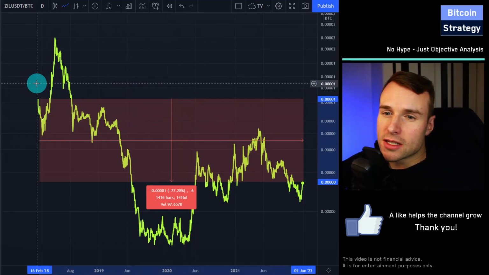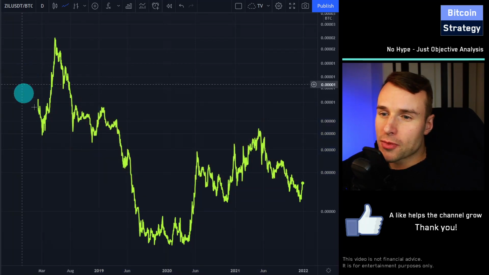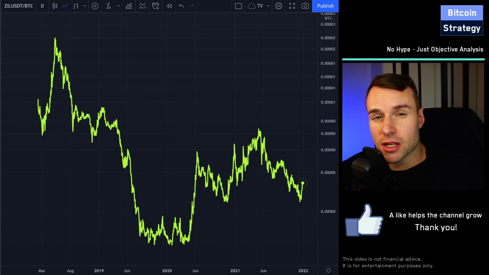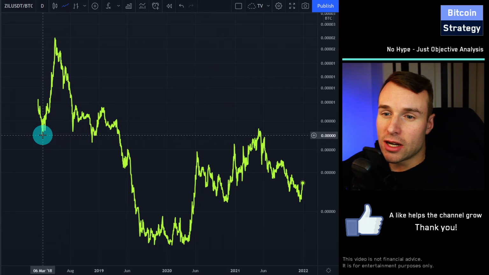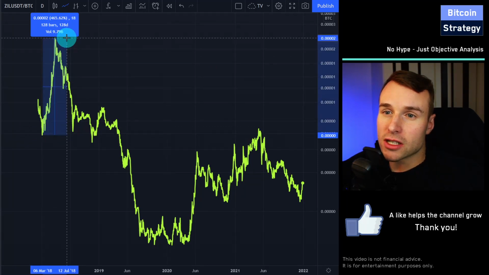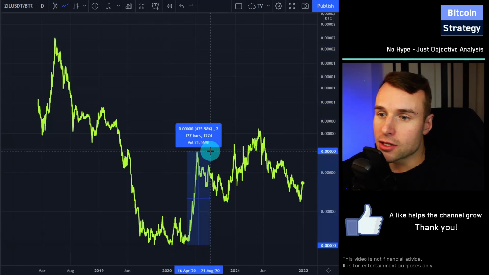So had you invested in Zilliqa in February 2018 instead of into Bitcoin, you would have only 1/4 of your purchasing power. Now that being said, there are temporary rallies, right? And these rallies are pretty massive. This, for example, is a 470% gain. This over here is a 430% gain.